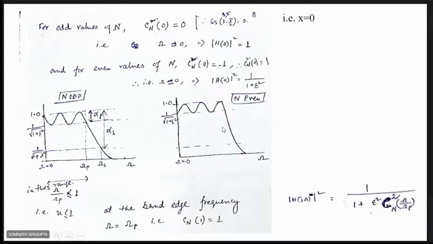So here you can see how we calculate what the magnitude should be. Let us say when n is odd, so Cn is how much? Cn is equal to 0 at omega equal to 0, which means x is equal to 0.